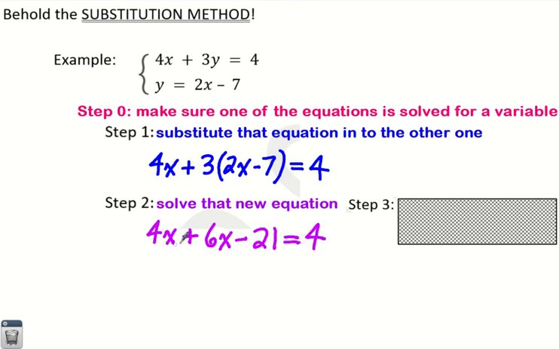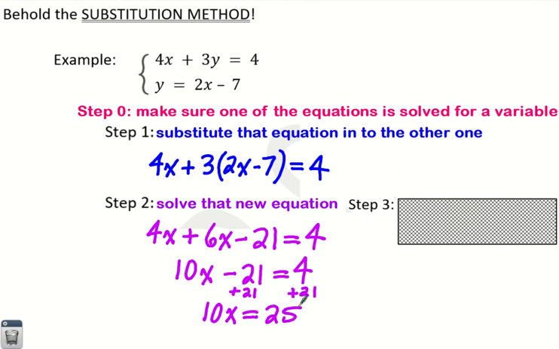So of course I'm going to combine these like terms that are already together on the same side here, and then I'm going to add 21 to the other side, so I get 10x equals 25.